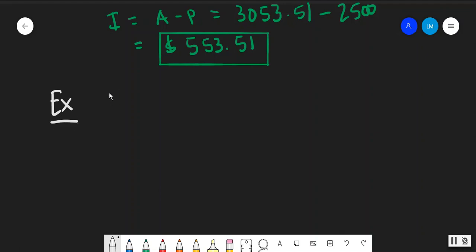Let's say that your principal amount deposited is 5,000, and let's say that T is going to equal 10 years.